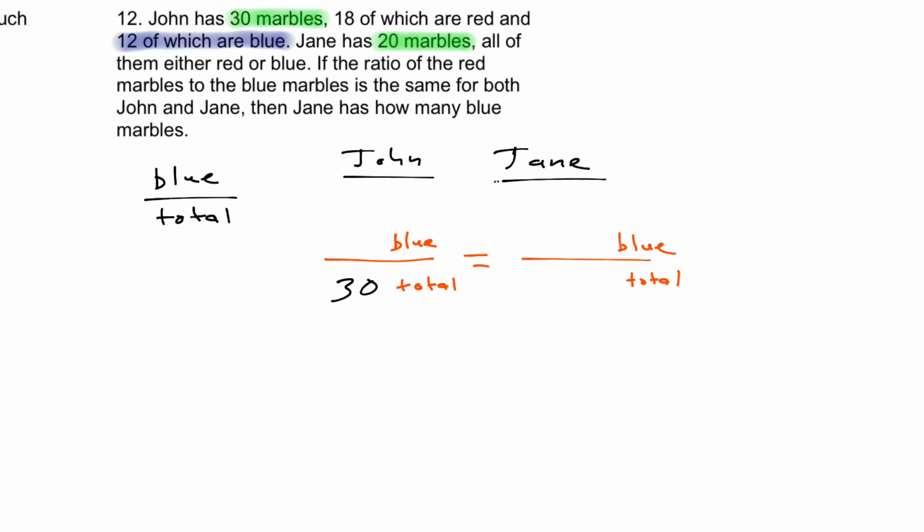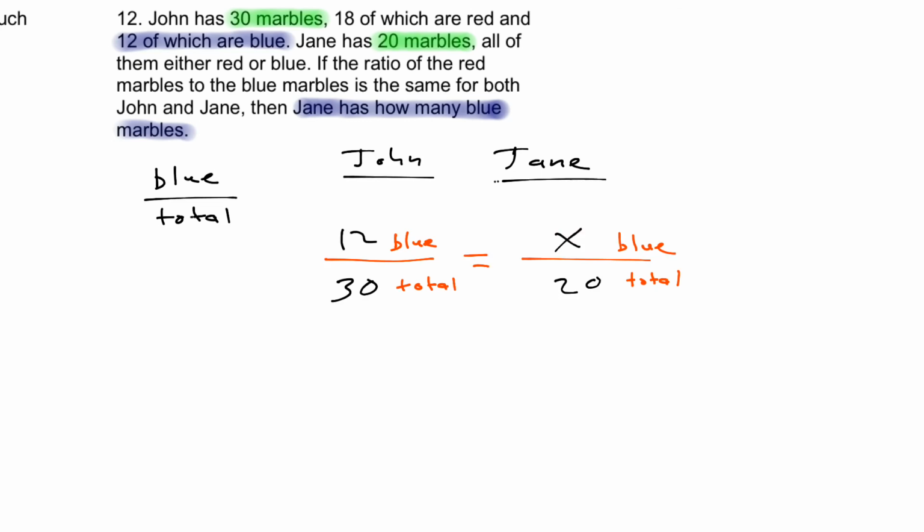So we will put 12 in the numerator of our ratio for John. And then I also highlighted in green up there that Jane has 20 total marbles. And we're trying to solve for how many blue marbles Jane has, so that'll be our X.